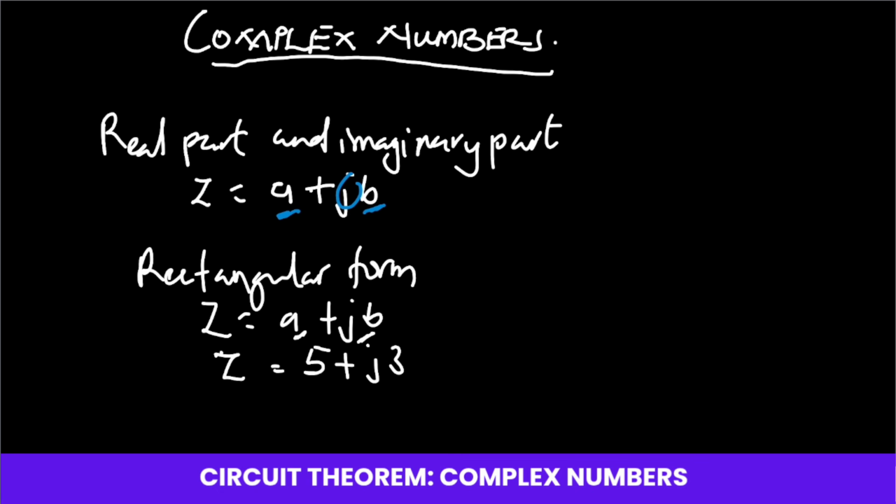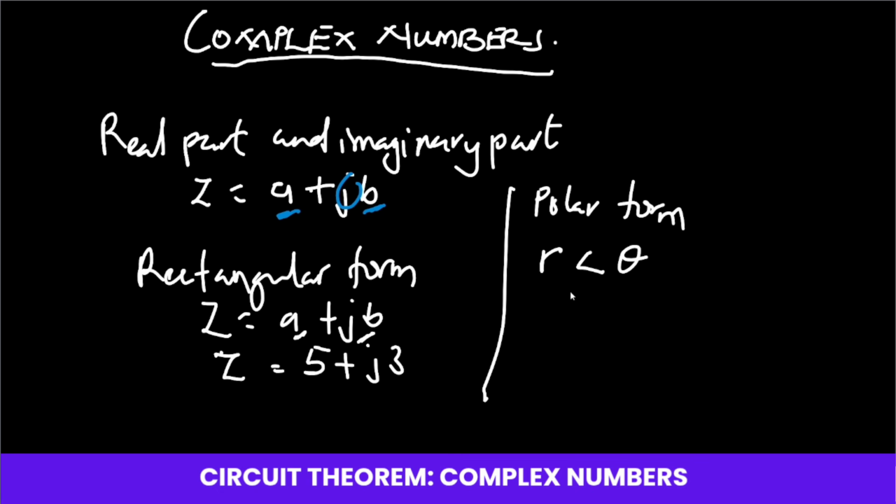Okay, now also we can have complex numbers presented in the polar form, where the polar form is written as r angle theta, where r is the magnitude of the complex number and theta is the angle between the real part and the imaginary part. So how do we get the magnitude?